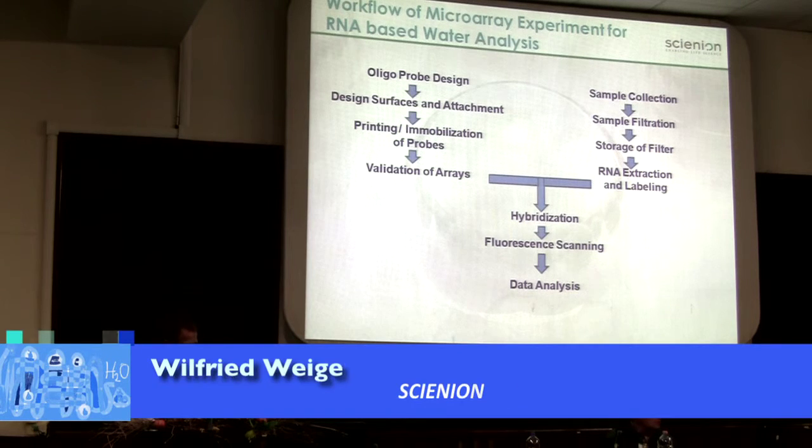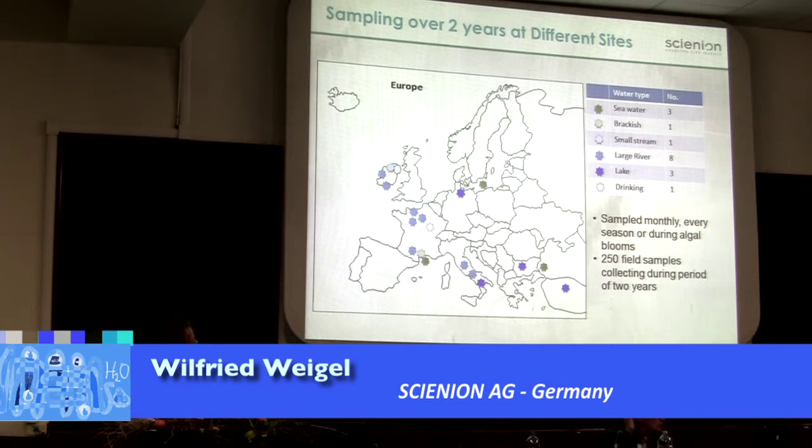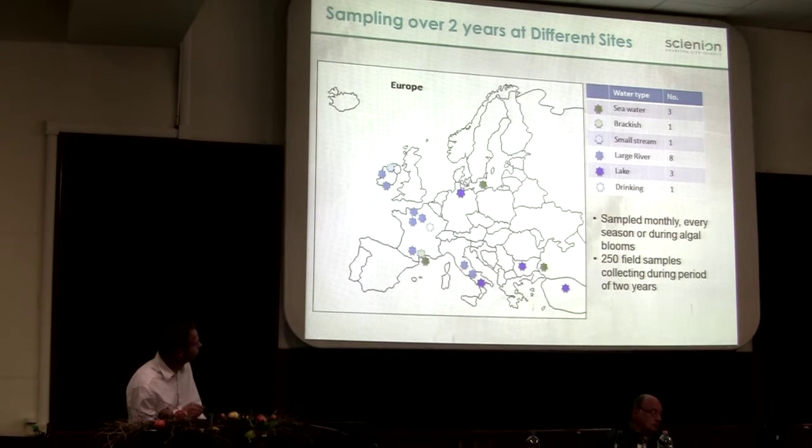So this is just the entire workflow. And just to give an overview, samples have been collected by the different partner organizations, so all over Europe. So altogether, I think approximately 250 samples have been collected during the 2-year campaign.